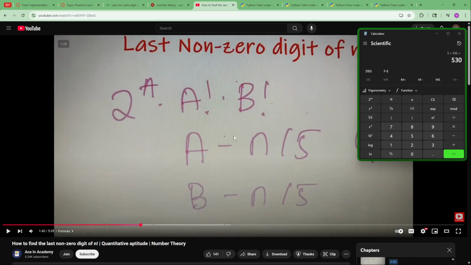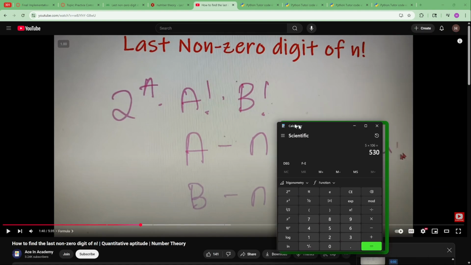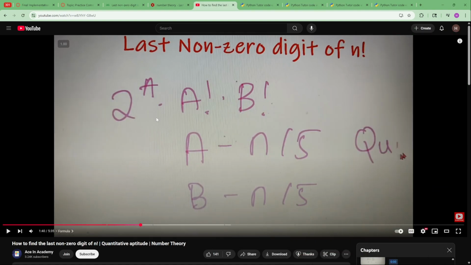Essentially what's happening here is we have 2 to the a times a factorial times b factorial. This isn't really a good writing of it. Basically, we're getting the last non-zero digit of each of these 3 things.